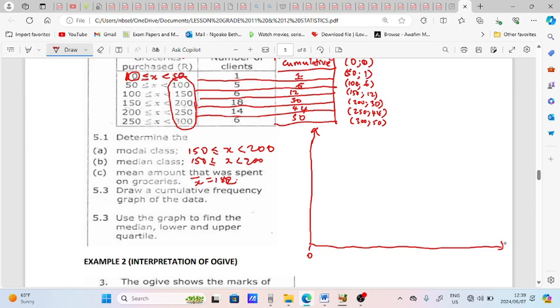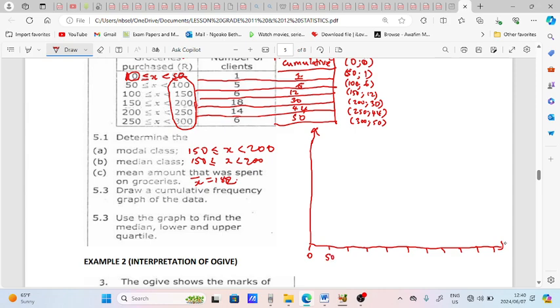0, and there must be 10. Let's say 0, 1, 2, 3, 4, 5, 6, 7, 8, 9, 10. Just be careful. The spacing must be equal, so use your ruler again. Now let's put the numbers.